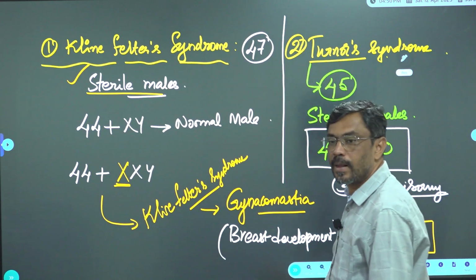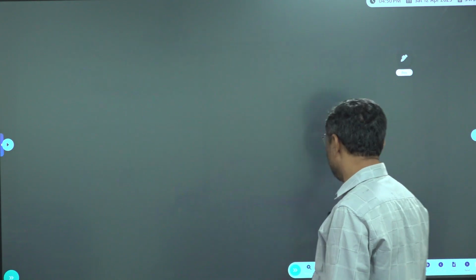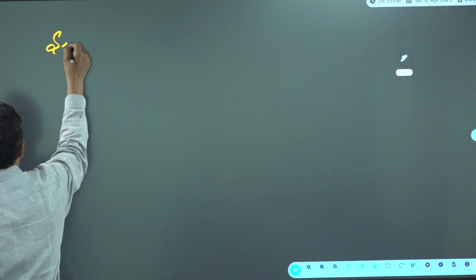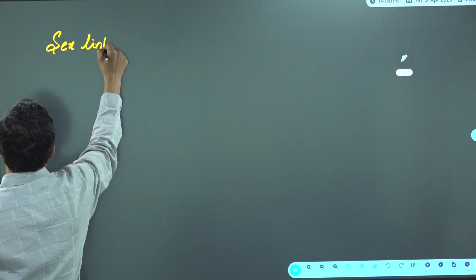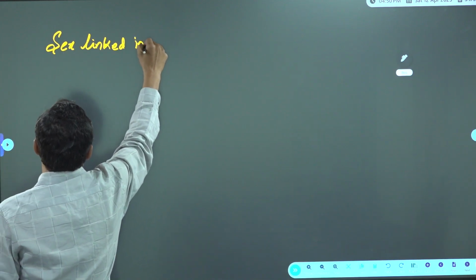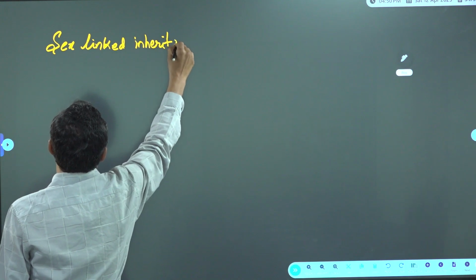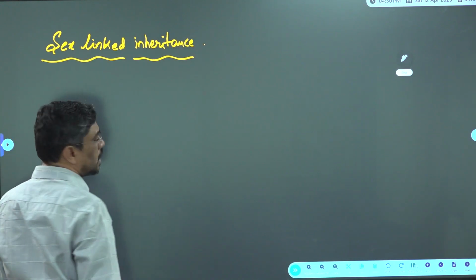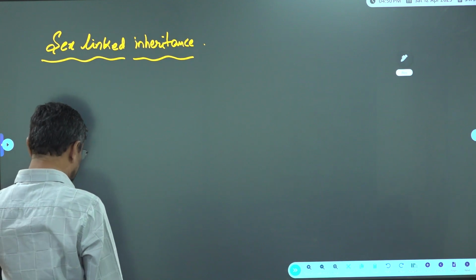Next, you remember another one, that is sex linked inheritance. So what is sex linked inheritance?